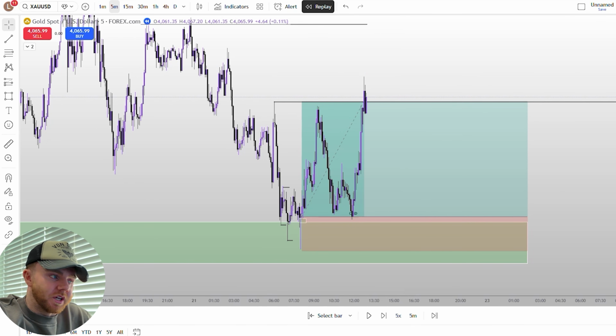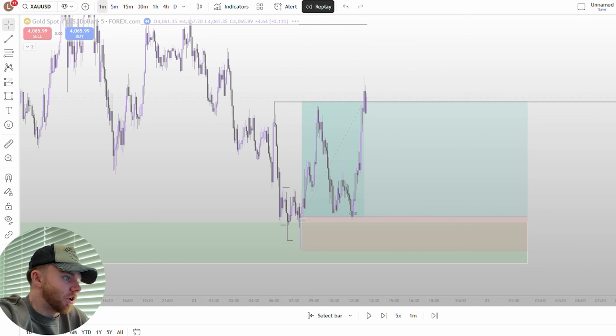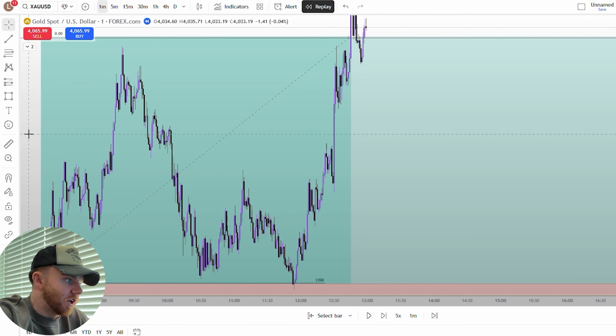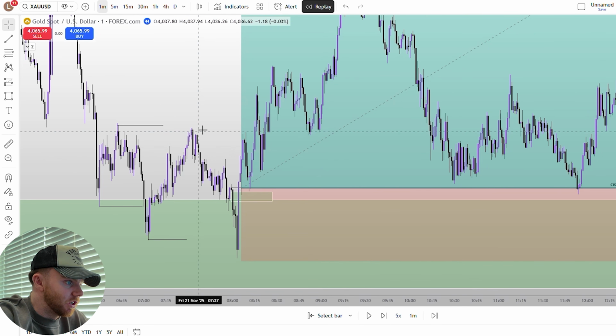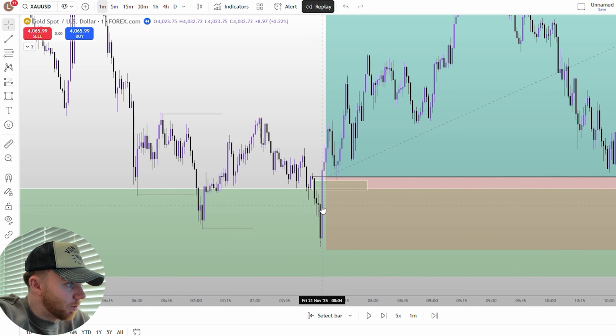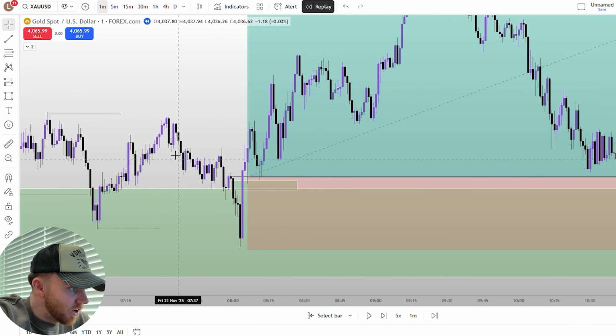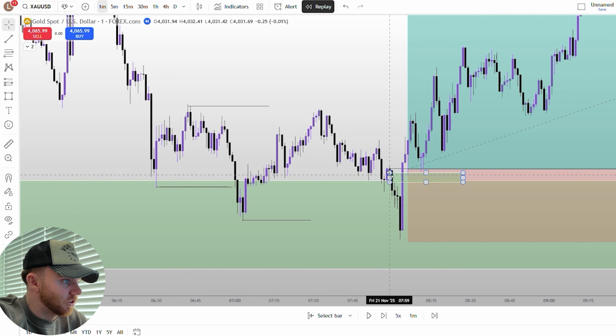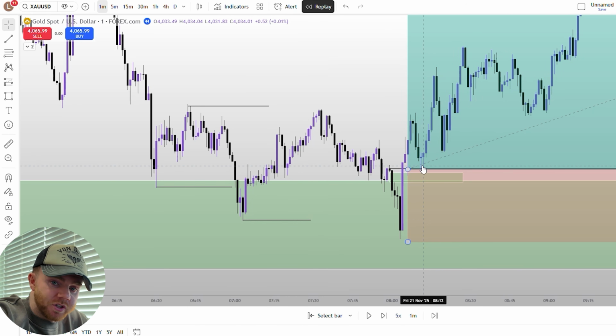So I hope this clears everything up, and what I'll do is one last final time run through why this was my change in state delivery right here. The reason I marked this up as my change in state delivery is that it's the last push down series of bearish candles, 2 or more candles that get ran through and displaced through, and it sweeps and manipulates this low.